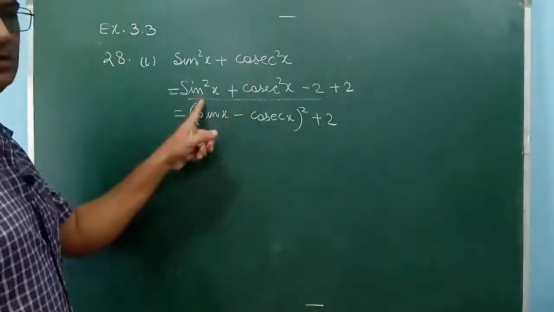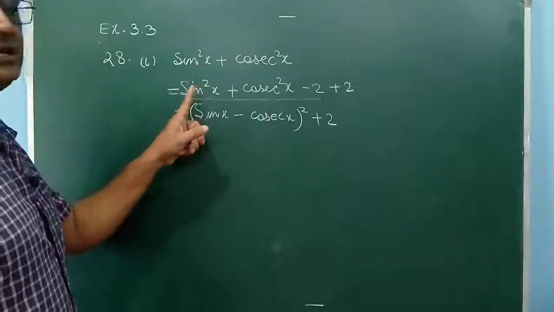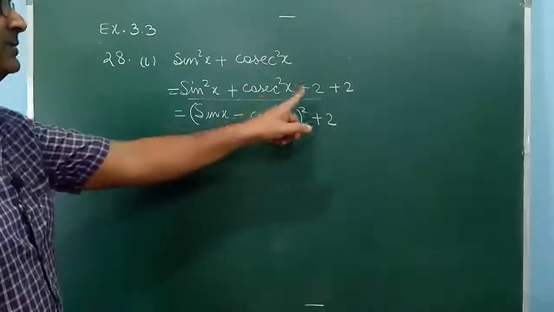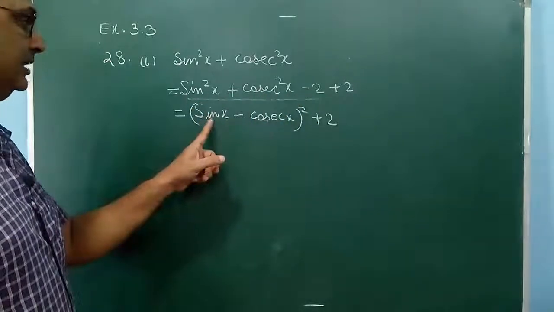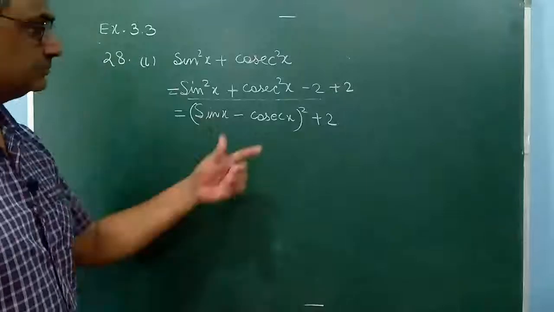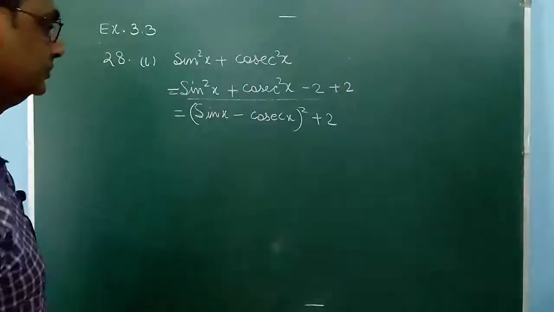This is the reciprocal of sin x. It is just like x plus 1 upon x minus 2. So this can be written as (sin x minus cos x) whole square plus 2.